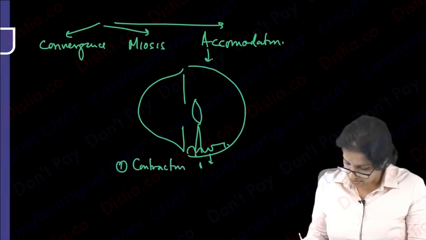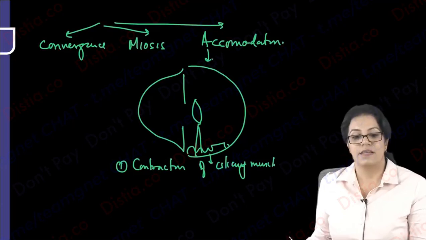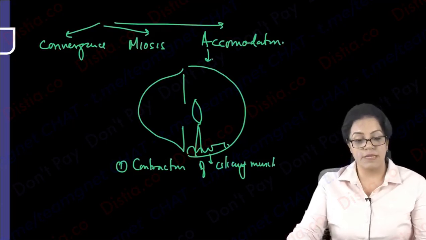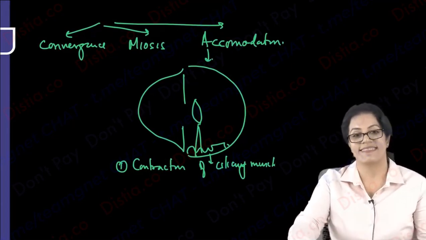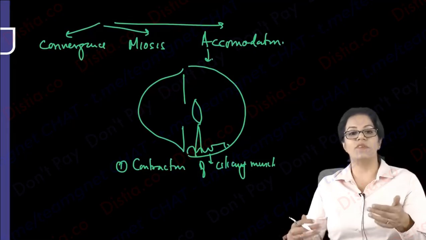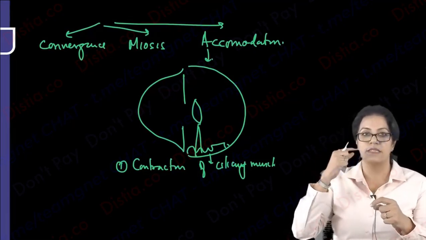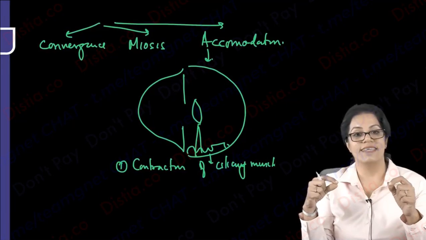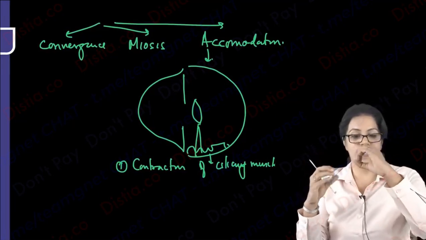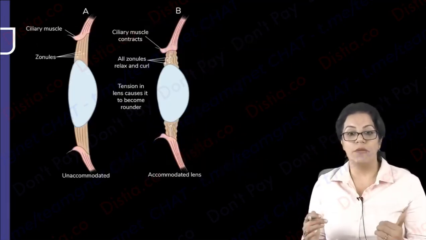Write down, contraction of ciliary muscles. So when the ciliary muscles contract, what will happen? This diagram is a section, but think of the suspensory ligaments attached all around the ciliary muscle. When the ciliary muscle is contracting, these ligaments are going to relax.